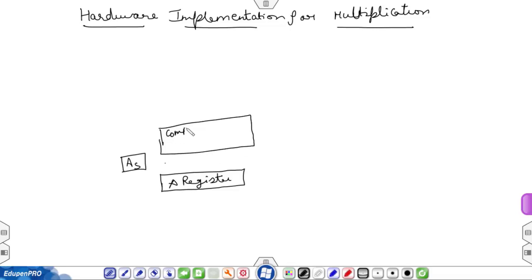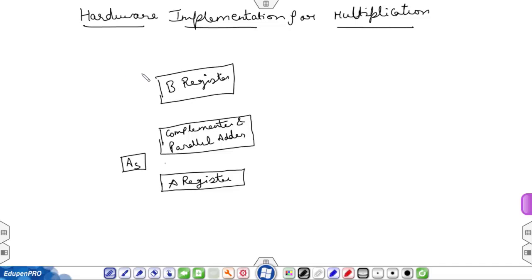This is a complementer and parallel adder. Now this is the B register. For the B register, the sign of the value stored in B will be represented by the BS flip-flop.